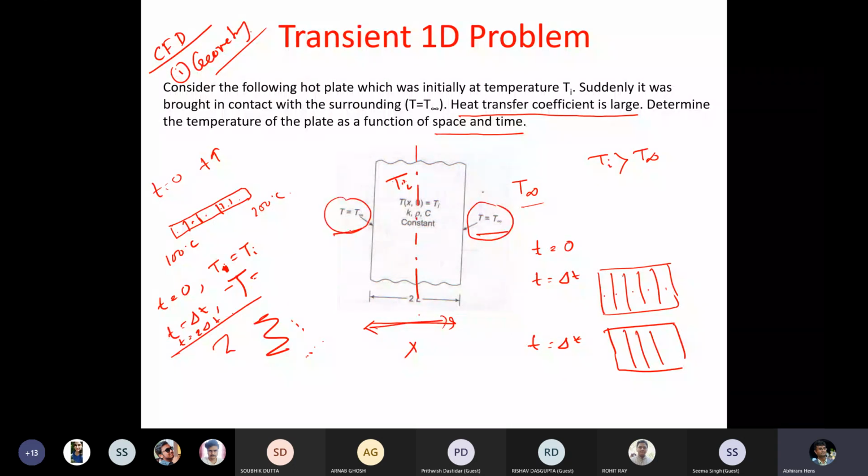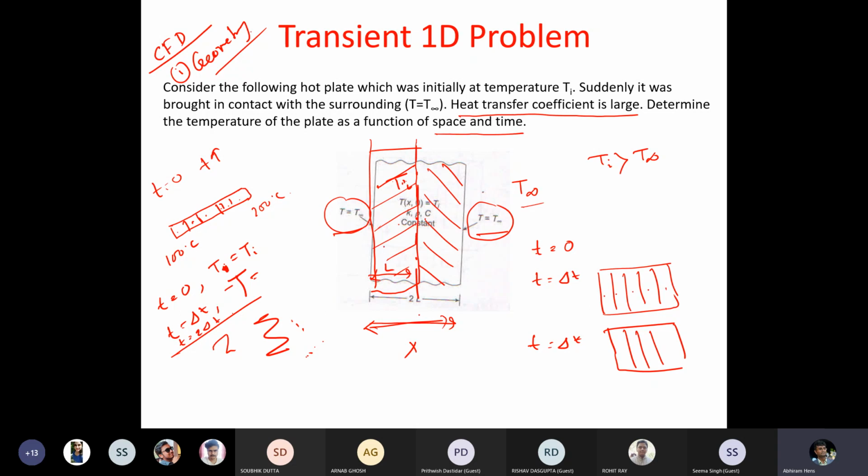So if I consider this L distance here, this part is basically a mirror image of this part, right? So if I can solve one half of the domain, then the rest is only the mirror image. You can just plot it. So we need not solve the entire domain because it is not needed.